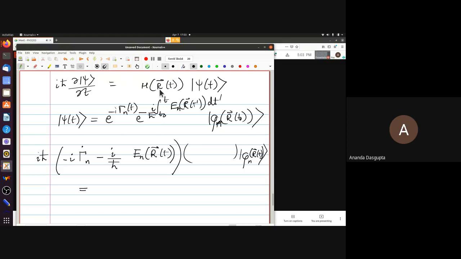And this has to be equal to the Hamiltonian H(R(t)) acting on ψ(t). So what is this going to be? H(R(t)) when it acts on ψ(t), what will it give you? As far as the Hamiltonian is concerned, this whole factor here is just a constant. So the Hamiltonian will go and hit this. And that immediately gives you En(R(t)).